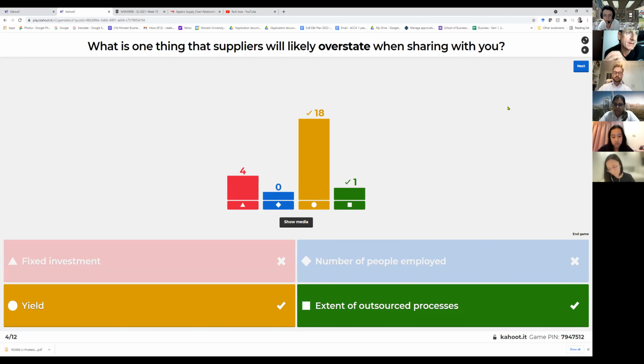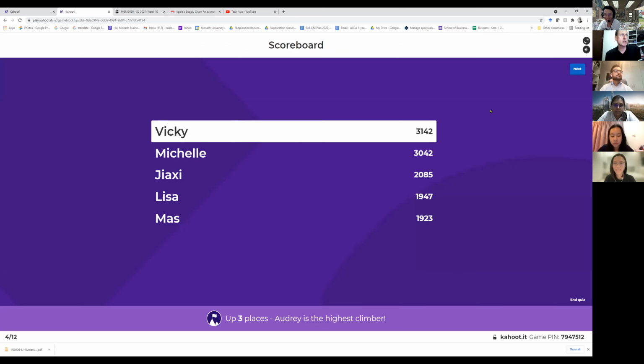They're not going to overstate the extent of outsourced processes. Wait a minute, that shouldn't be ticked. They're going to understate that. That's a little error there. But anyway, 18 of you got the yield, so that's the main thing. And the one that accidentally pressed that, well, good for you.